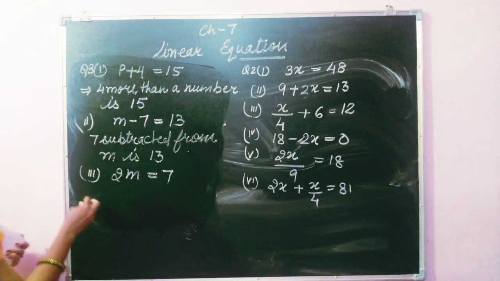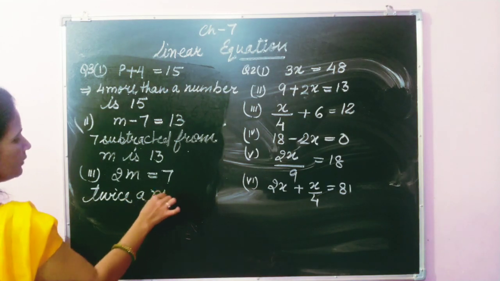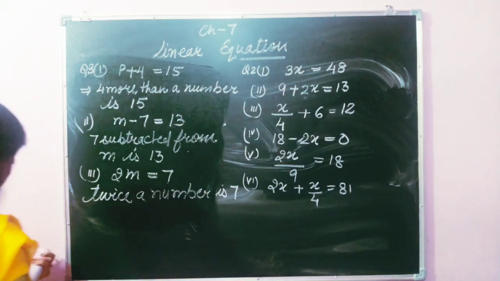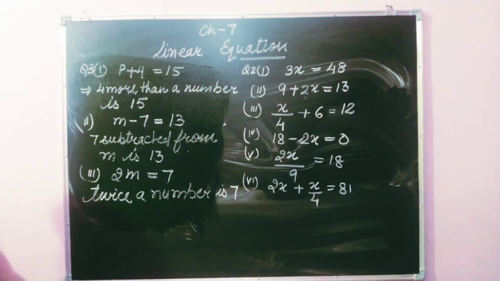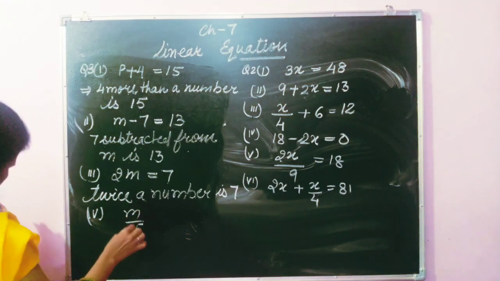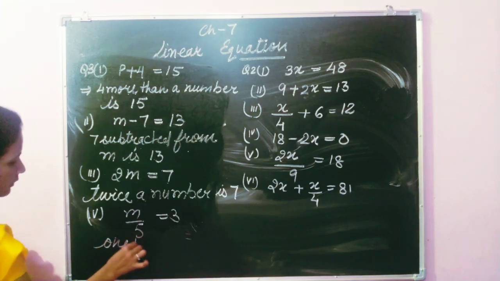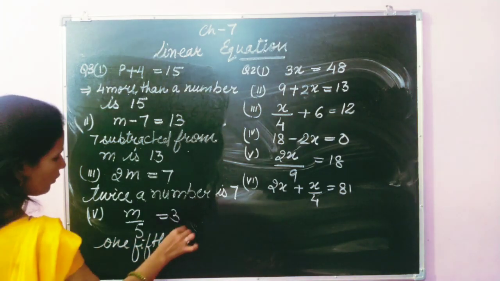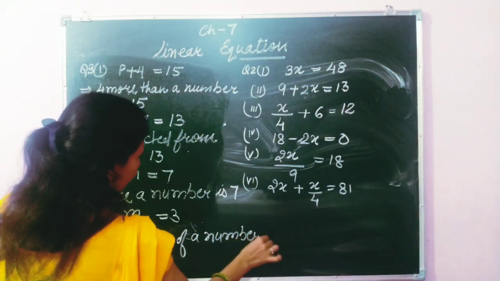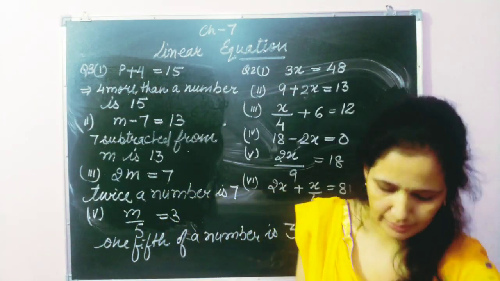So we can write twice a number is 7. Okay. Then after fourth part, m by 5 equals to 3. So we can write 1/5 of a number is 3. So student, in this way we have to write the statement.